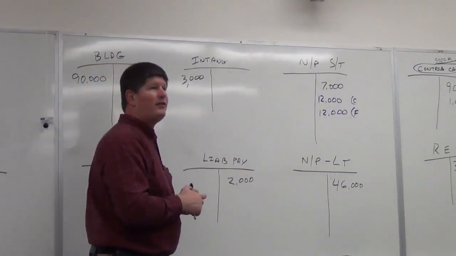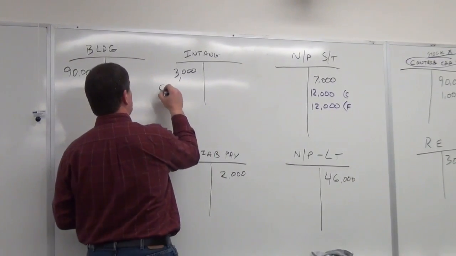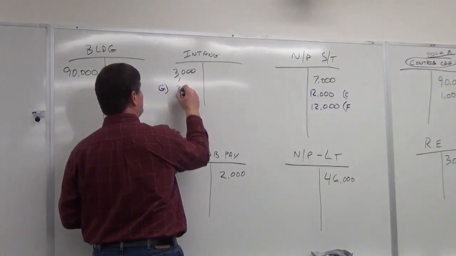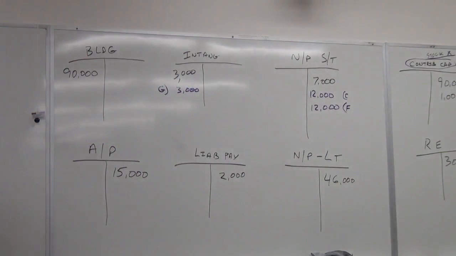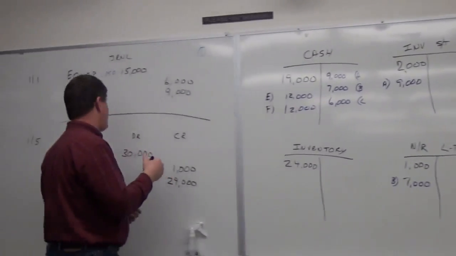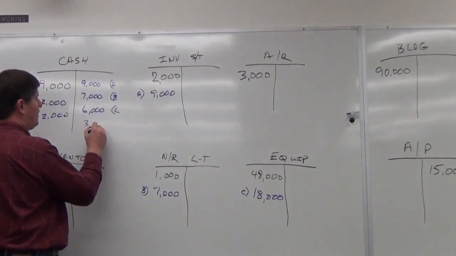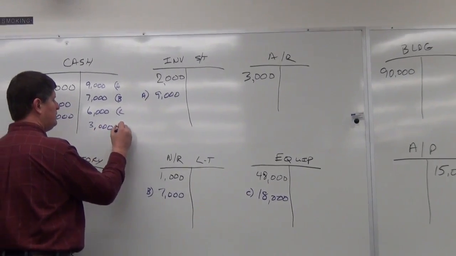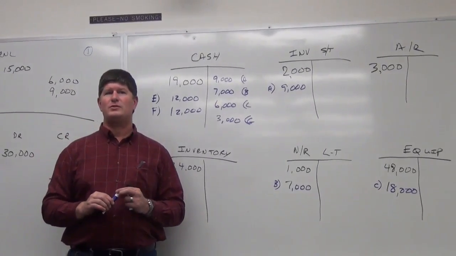So G, patents are an asset, therefore they increase on the debit side. So that's what we get. What did we give up? Cash. Cash decreases on the credit side. G. Good? Okay, questions?